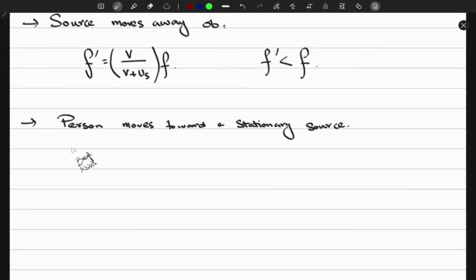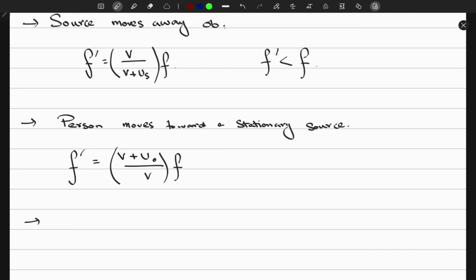In that case, the apparent frequency would be given as v plus u naught divided by v, times f, where u naught is the speed of the person with which he moves towards this stationary source.